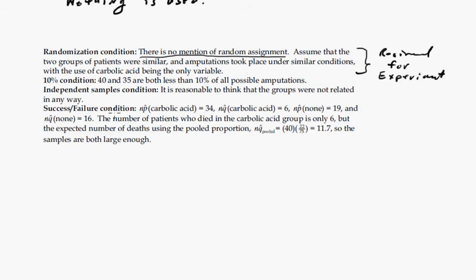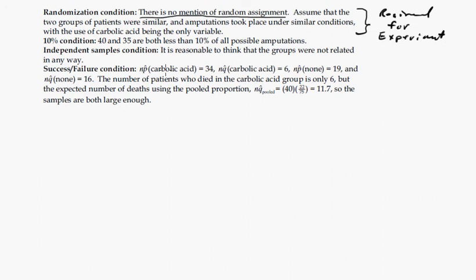Just remember that. Okay, the 10% condition is pretty easy to justify. 40 and 35 should be less than all possible amputations. So the independence assumption: it's reasonable to think that the groups were not related in any way. I don't know for sure if I completely agree, because I don't know that. I could do some research though and find this out.